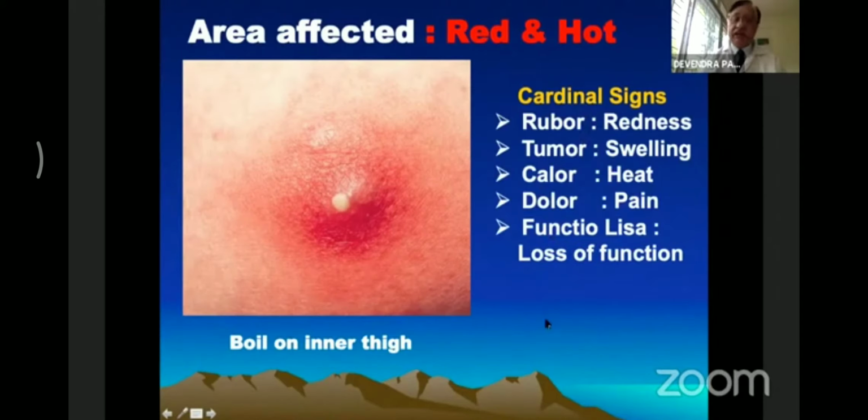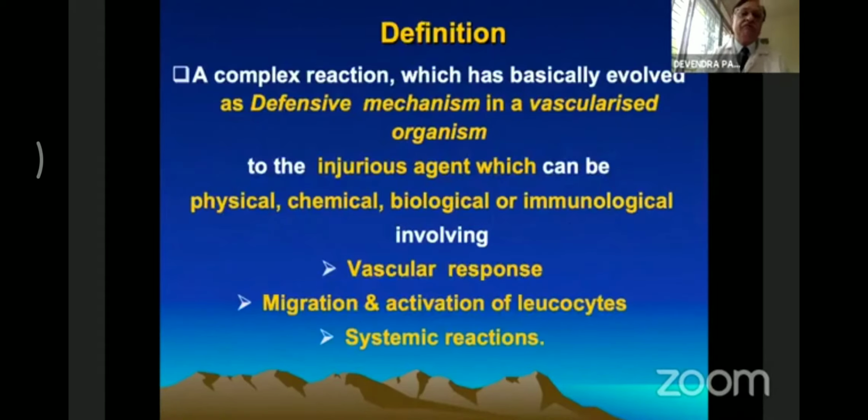These are the cardinal signs of inflammation which are prominent in acute inflammation. What is the definition? It's a complex reaction which is basically involved as a defensive mechanism. Please remember, very important words, defensive mechanism in a vascularized organism. Why vascularized? If the blood vessels are not present, the blood soldiers of the body, leukocytes, are not present, then the blood vessels cannot carry the leukocytes to the place where the injury has occurred and the inflammation cannot take place.